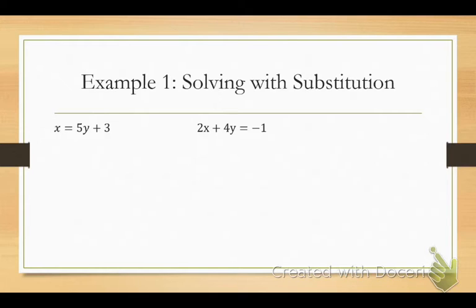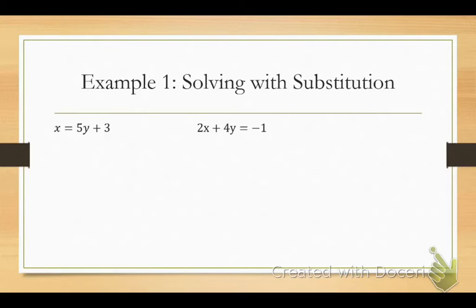So just like we said that X could equal 5 and I could plug in 5 for X, what does X equal in this system? X equals 5y plus 3. So you're going to take what X equals and plug it in for X on the other equation.